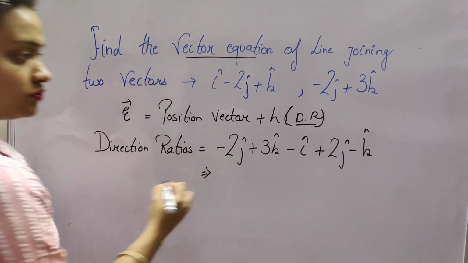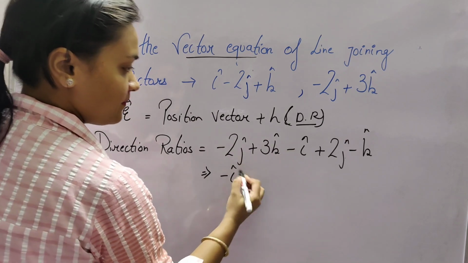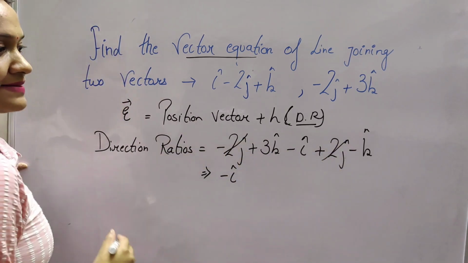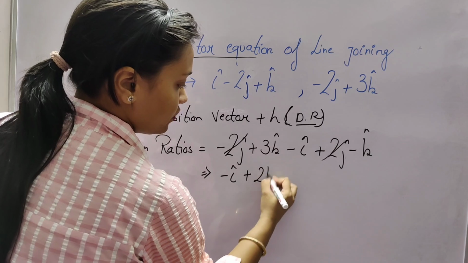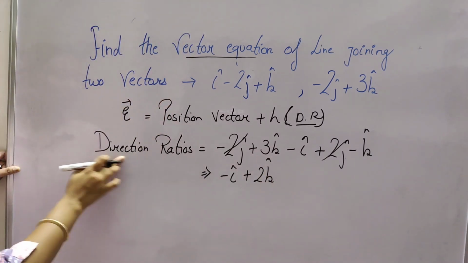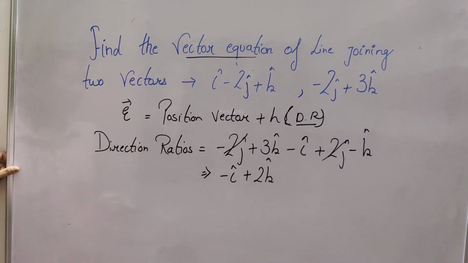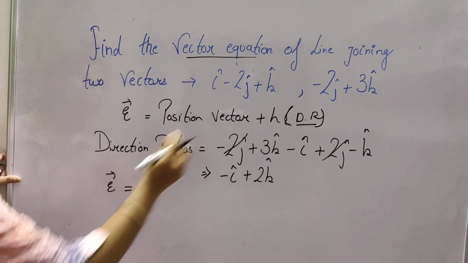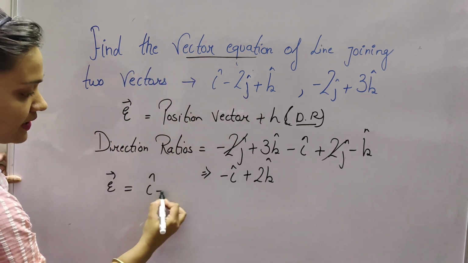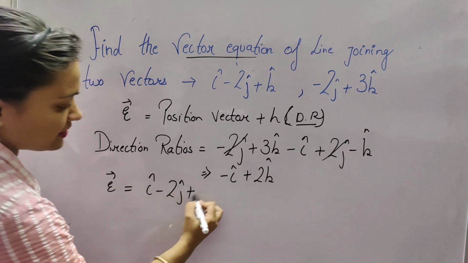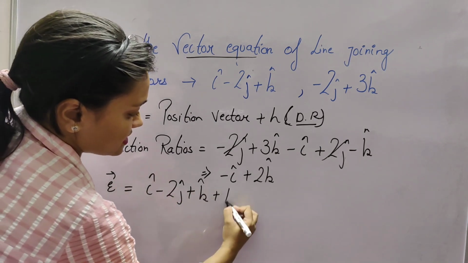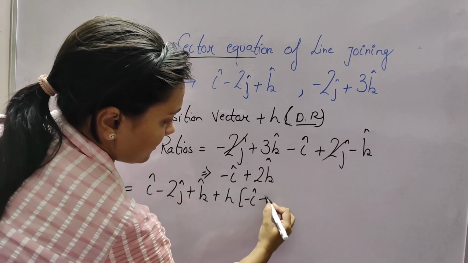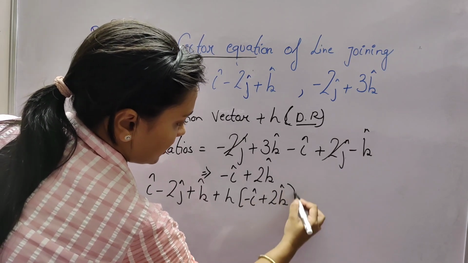So the value comes minus i, the j cancels out, then plus 2k. So this is the direction ratios. Now building the vector equation, r equals the position vector i minus 2j plus k plus alpha of minus i plus 2k.